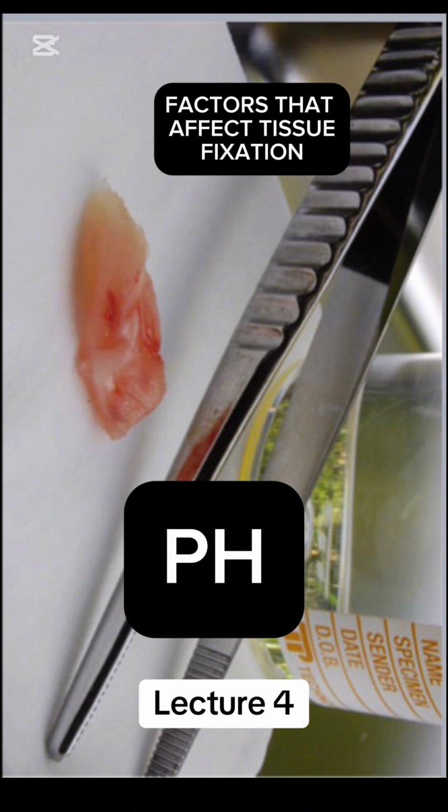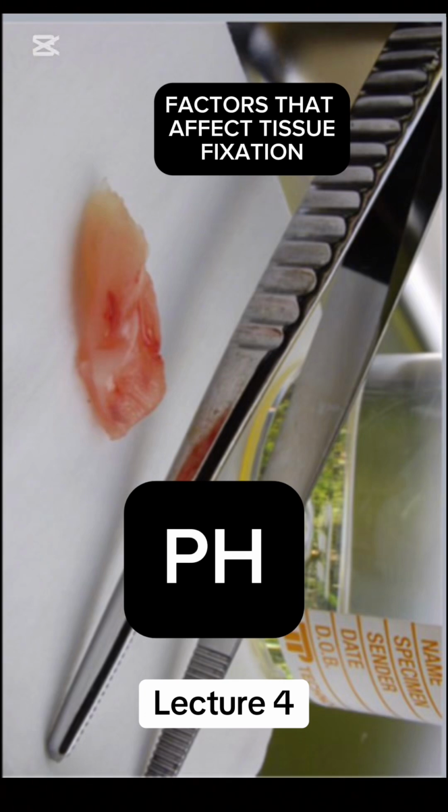So pH affects the chemical reactions involved in preserving the tissue and maintaining its structure. For example, protein cross-linking. Most fixatives work by cross-linking proteins, for example, formaldehyde, and these reactions are pH dependent. At neutral to slightly acidic pH, that is 6.8 to 7.4, this pH is efficient for protein cross-linking while minimizing artifacts.